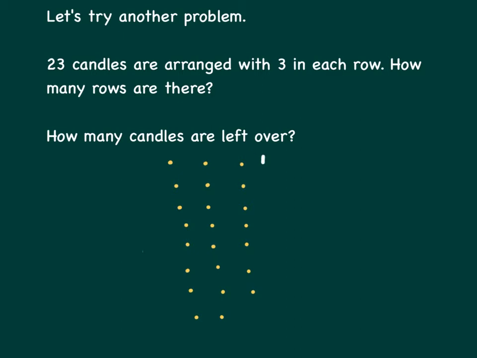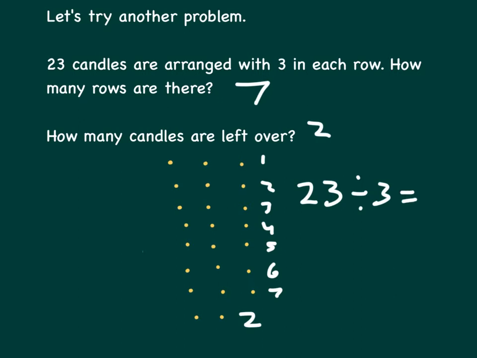So I have 1, 2, 3, 4, 5, 6, 7 rows, and I have 2 candles left over. So 23 divided by 3 equals 7 remainder 2.